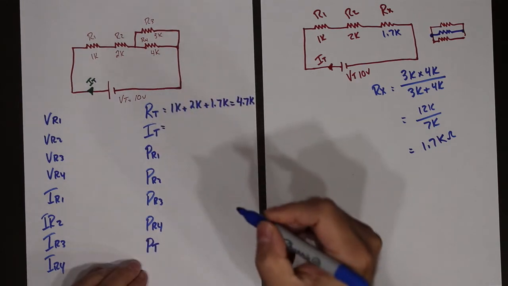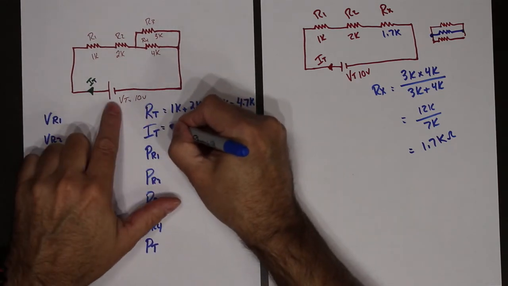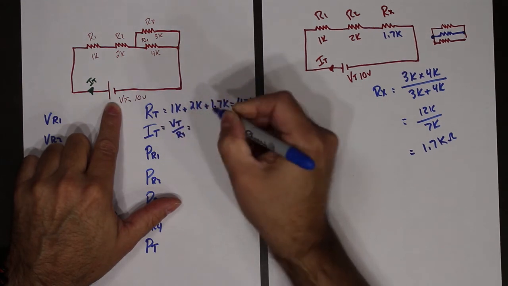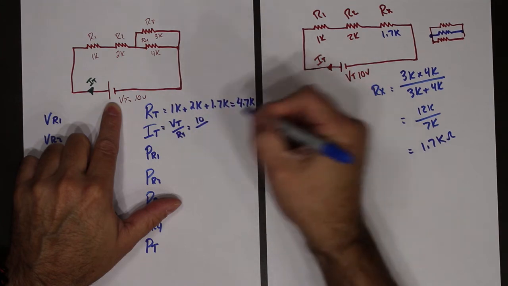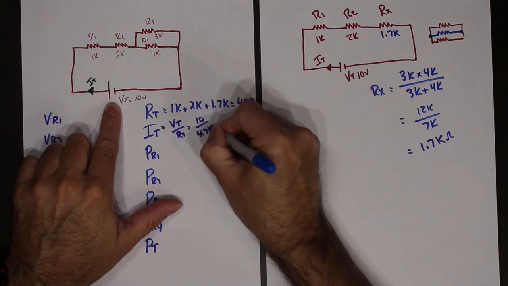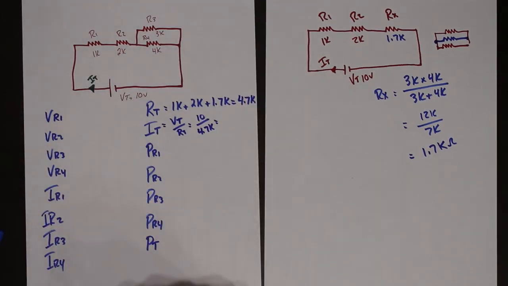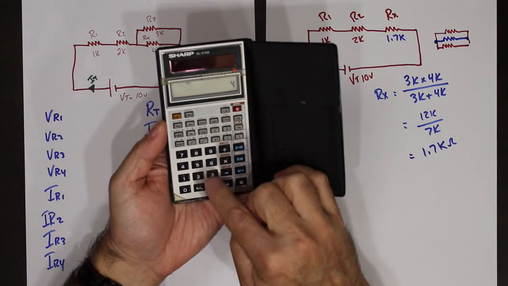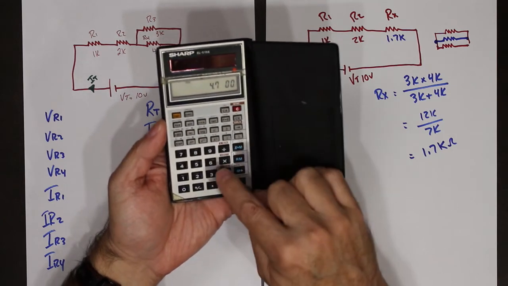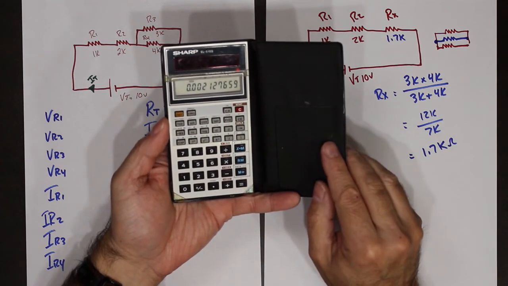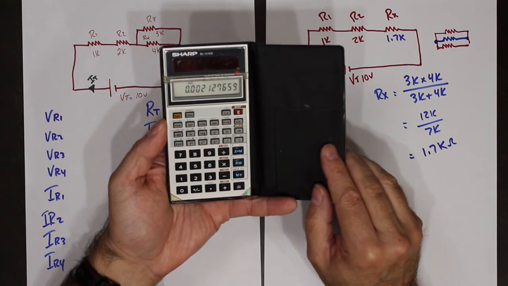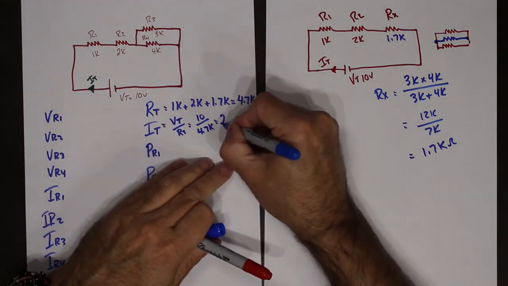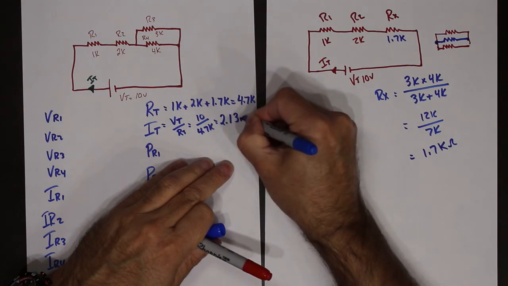I total, according to Ohm's law, is V total divided by R total. 10 divided by 4.7K is 2.13 milliamps.